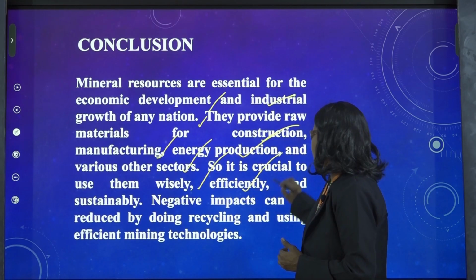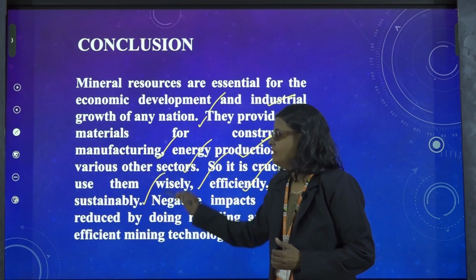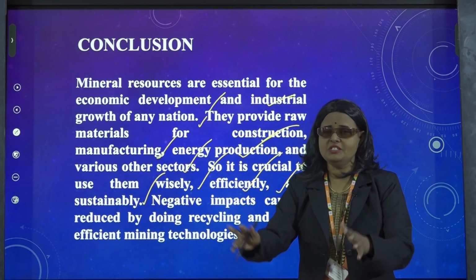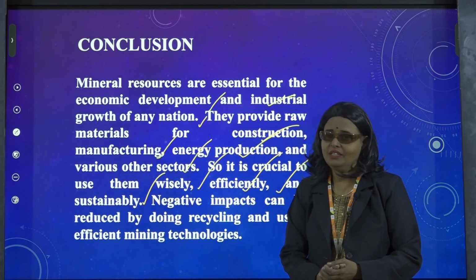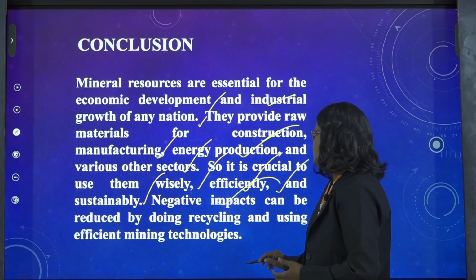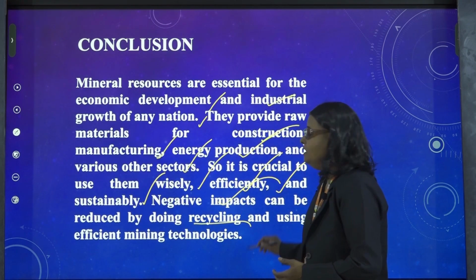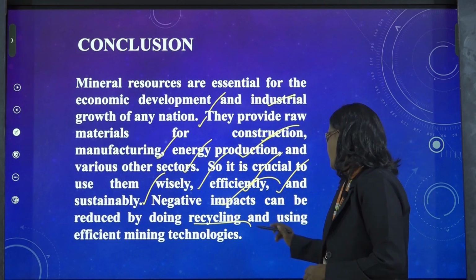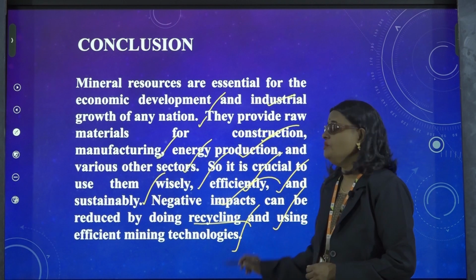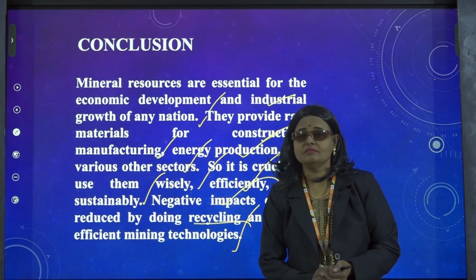We have to use them efficiently and sustainably. Means proper use, conserve it. That is sustainable utilization only. Negative impacts can be reduced by doing recycling. I told, reduce, reuse, okay, and using efficient mining technologies.